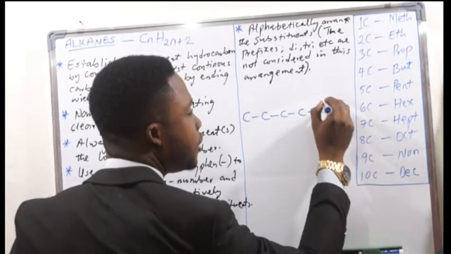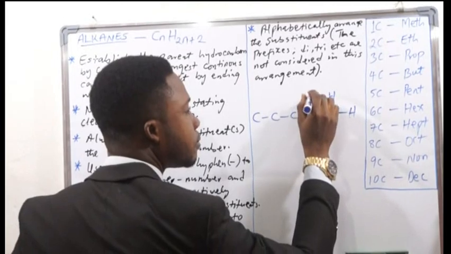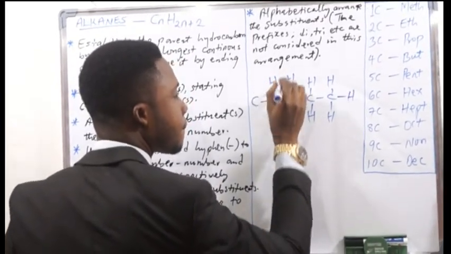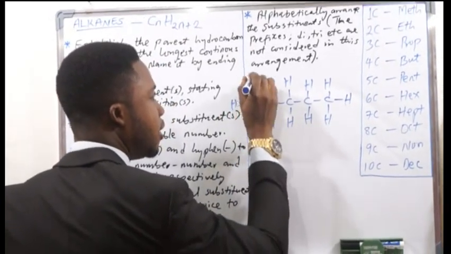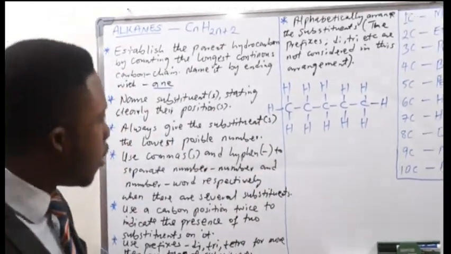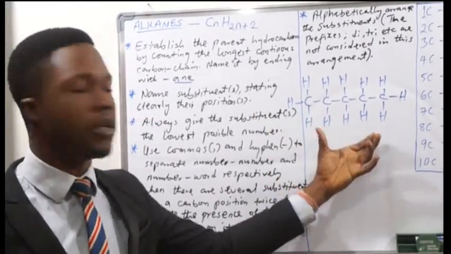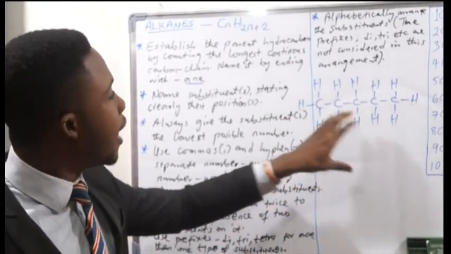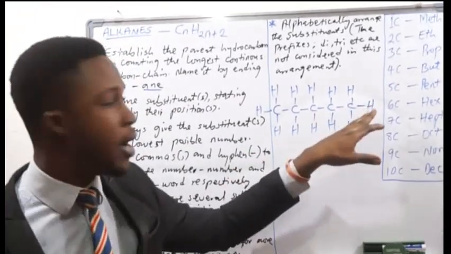When we fix our hydrogen atoms, as I'm doing right now, you can see all the carbons in the chain are tetravalently bonded, as is expected. Now we end the name. We have established pent from the 5 carbon atoms that we have.